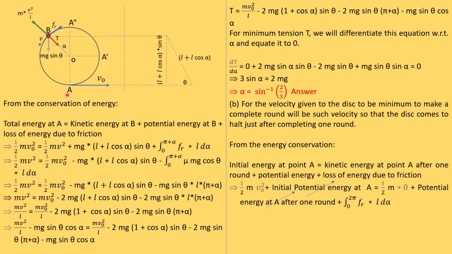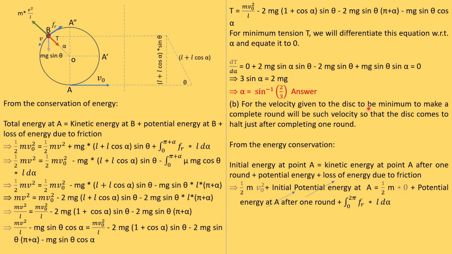The initial energy at point A will equal the final energy at point A, that is the kinetic energy at point A after one round, plus potential energy, plus loss of energy due to friction. So initial was half mv naught square, with initial potential energy at A. The final velocity is 0.